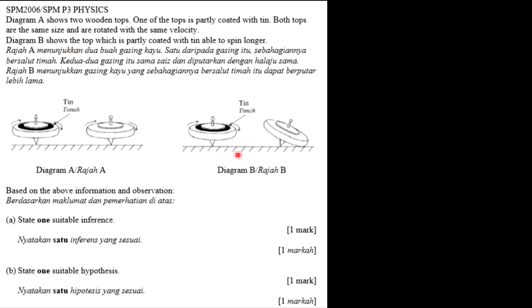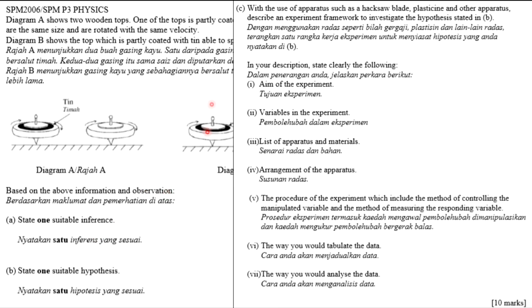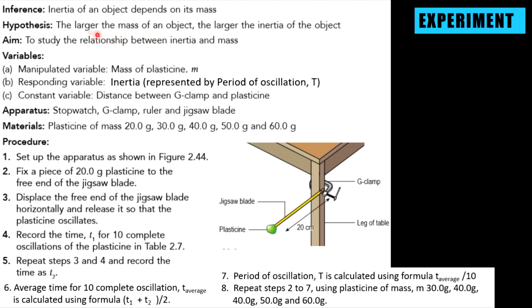And then after a while, we can see that the normal spinning top stops faster, but the one coated with tin is still rotating. So from your observation, you need to come up with your inference and hypothesis. Same as just now, they give you hacksaw blade and plasticine, and then you need to write all of this. This is the marking scheme.